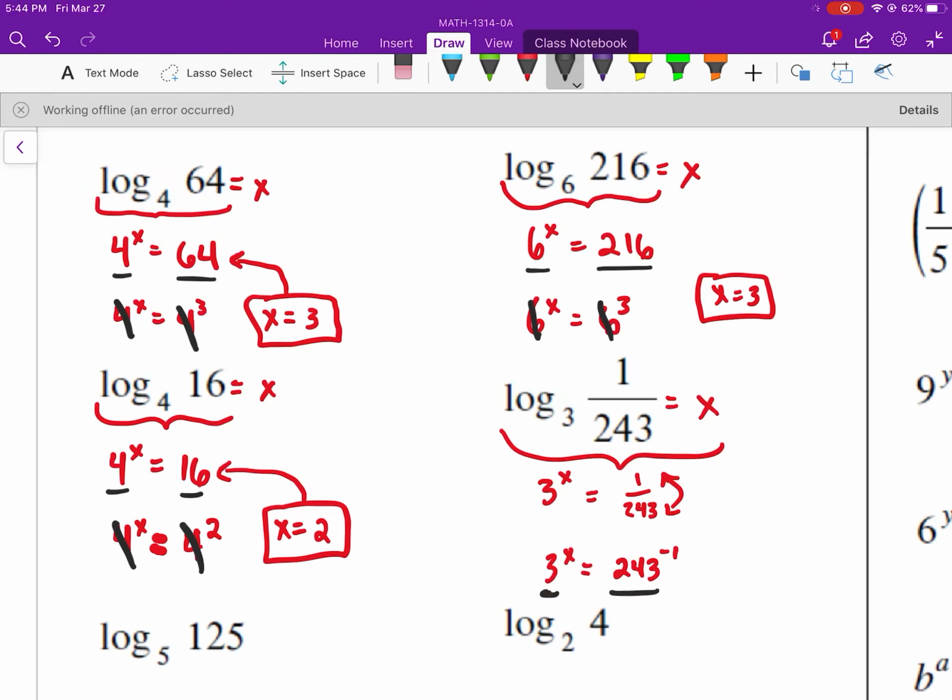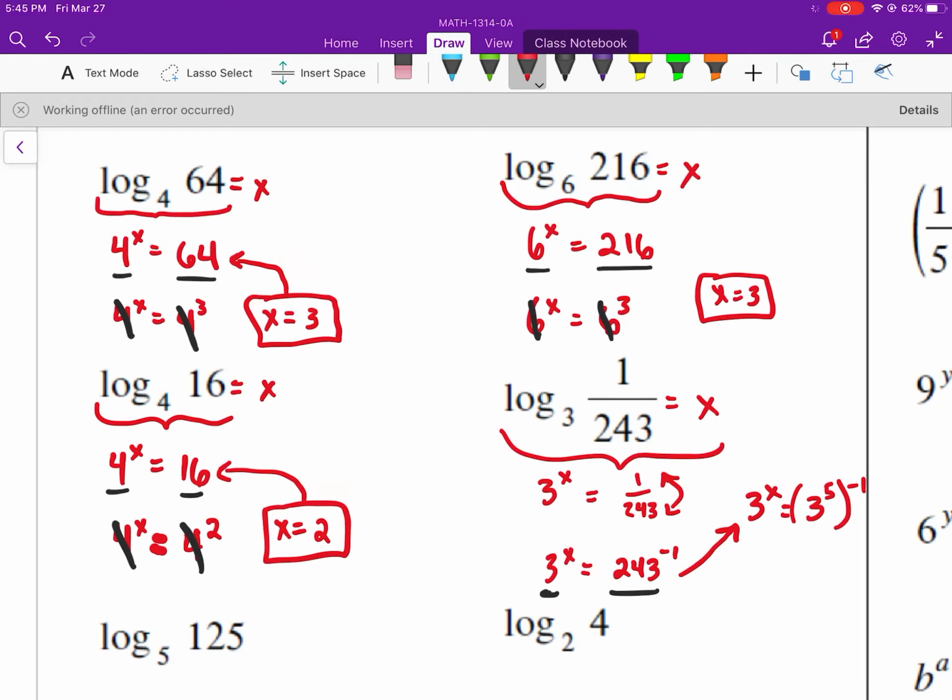Alright, so now I need to find a common base here for 3 and 243. In case you're wondering what I'm doing, I am punching this on a calculator just to double check here. 3 to the 4th power is 81. 3 to the 5th power is 243. Okay, good. So 3 to the x power equals 3 to the 5th power.